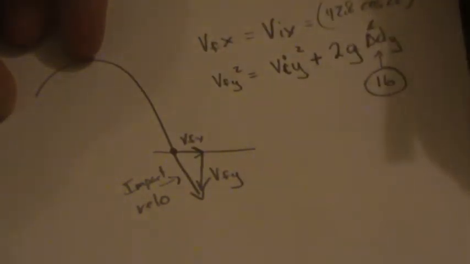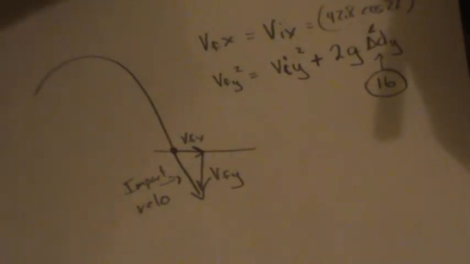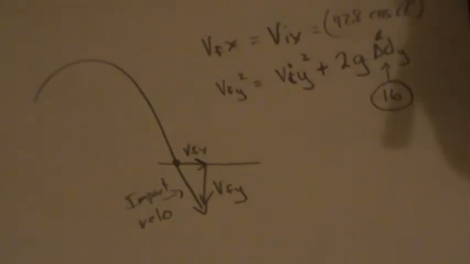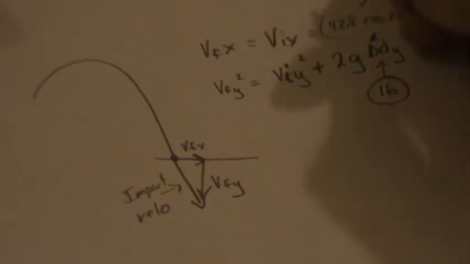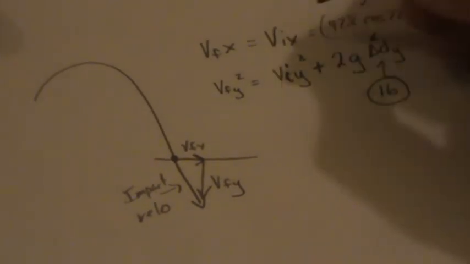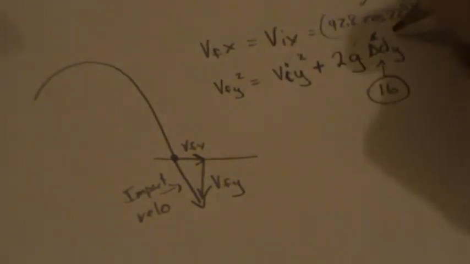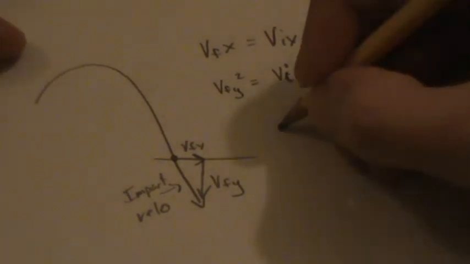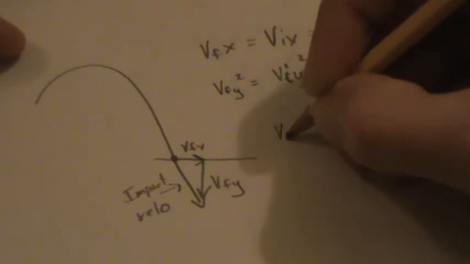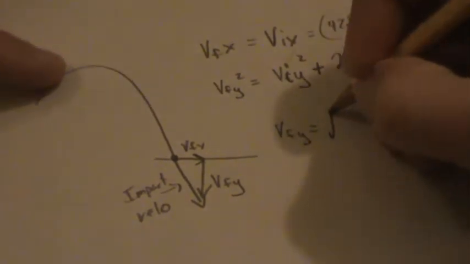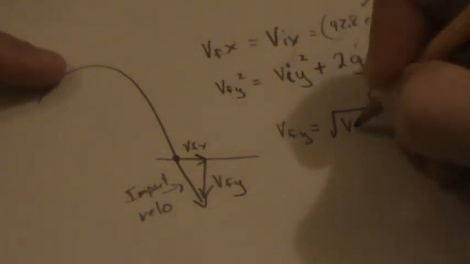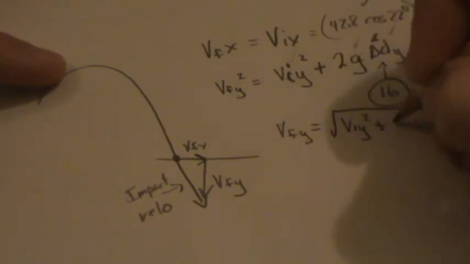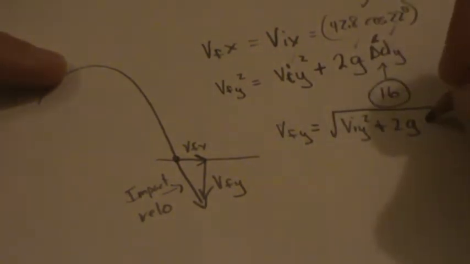At the end, I'll go back and discuss all of that stuff. And so, in reality, we actually know the initial velocity, we know gravity, and we know delta dy. And so the final velocity, y, is actually the square root of this entire thing plus 2g delta dy.